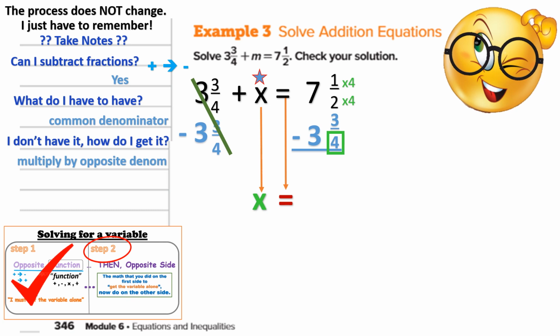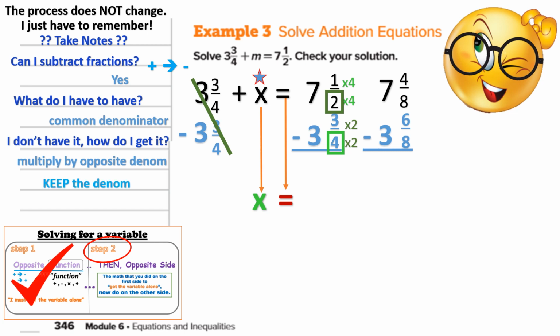That's going to give me the whole number of 7, but when I multiply my 2 times 4, I get 8, and when I multiply 1 by 4, it gets 4. Now I have a 2 as the denominator at the top. So I'm going to go down the bottom and multiply by 2s. And 4 times 2 is 8, and 3 times 2 is 6. And then I just keep my whole number of 3.